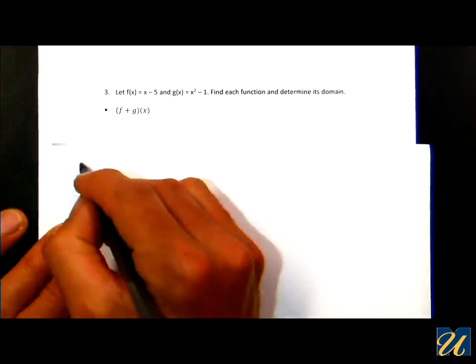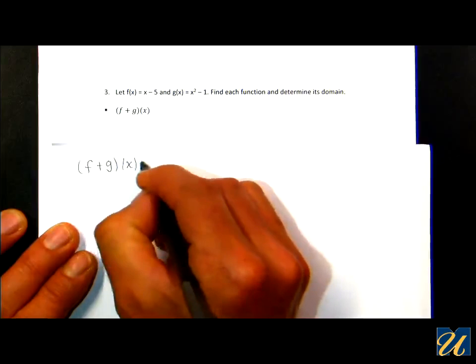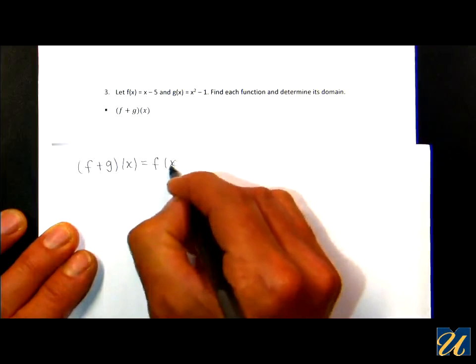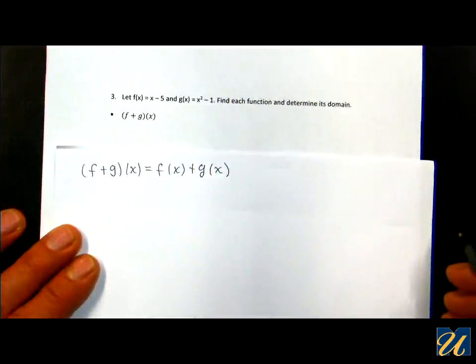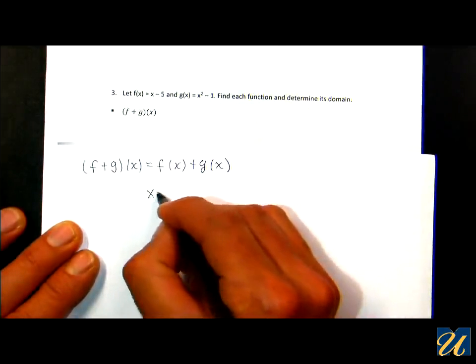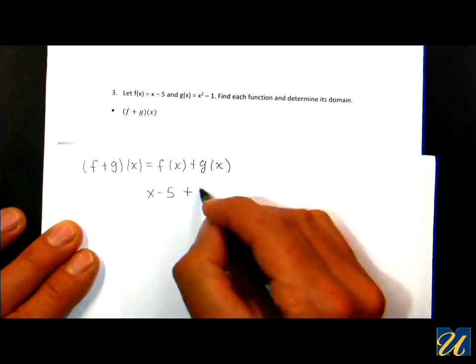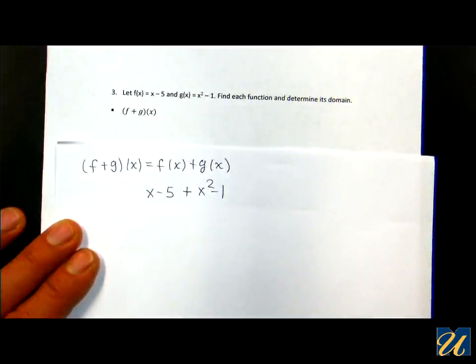Okay, so again, the starting place is to move from notation that doesn't help so much to notation that does. That simply means to take the two functions, write them down, and put a plus sign in between. So f of x is x minus 5, g of x is x squared minus 1, and this is our new function that's being created.